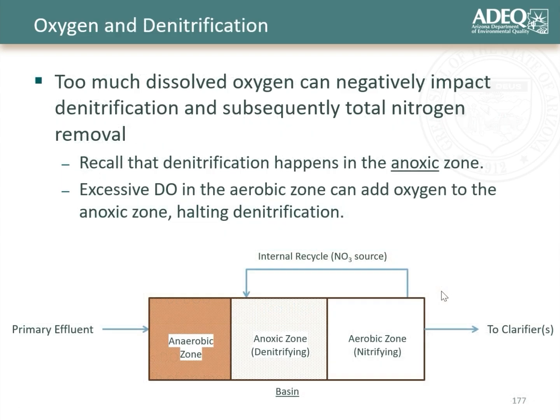So, if you have too much dissolved oxygen, this is how it can potentially impact your anoxic zone performance. Imagine you have really high DO concentrations in this aerobic zone, like near 7 milligrams per liter. If that's the case, when you do the recycle, you're going to be bringing that oxygen to the anoxic zone, and the bacteria in the anoxic zone would much rather use oxygen than nitrate for their metabolism.